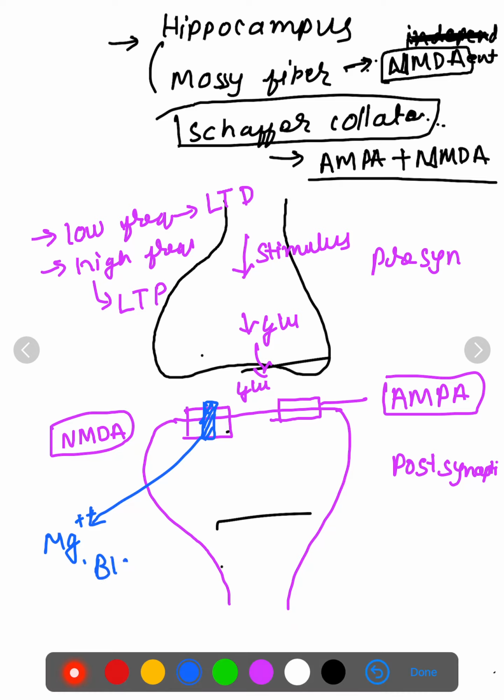You can say a magnesium block is there. So initially this glutamate will go and bind here. As a result, sodium will come. So the first event will be depolarization.